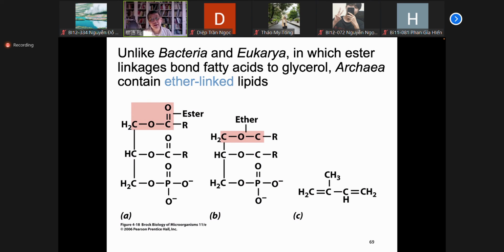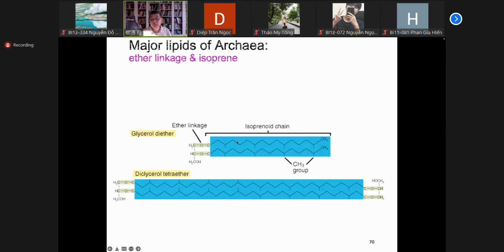So this difference, it has a long penta unit, 5-carbon unit. It's called isoprene unit. So in total, it's a 20 carbon unit.